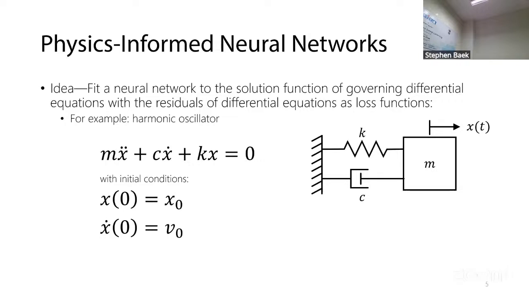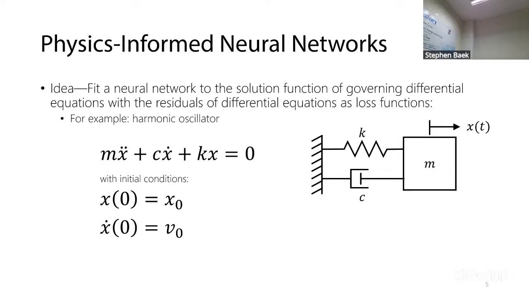So the idea of a physics-informed neural network, or PINN, P-I-N-N, is to fit a neural network to a solution function of some governing differential equation describing the physical process. So that's a lot to unpack.